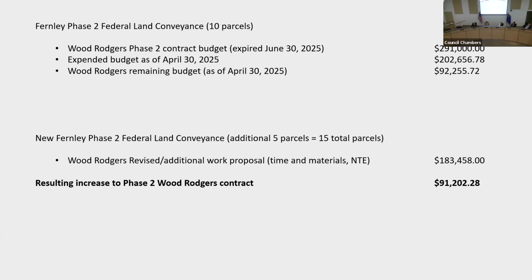The new phase 2 federal land conveyance added 5 additional parcels, and the revised additional work proposal, time and materials not to exceed, is for $183,458. So that basically raises their contract by $91,202.28 to do all 15. Does that make sense?